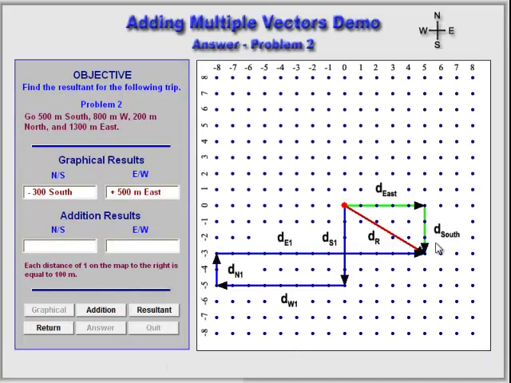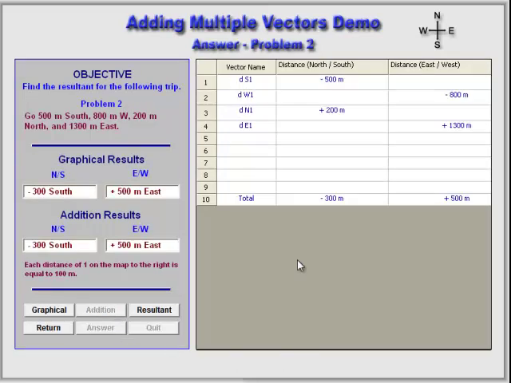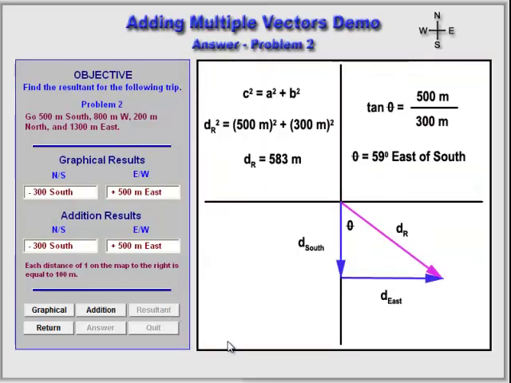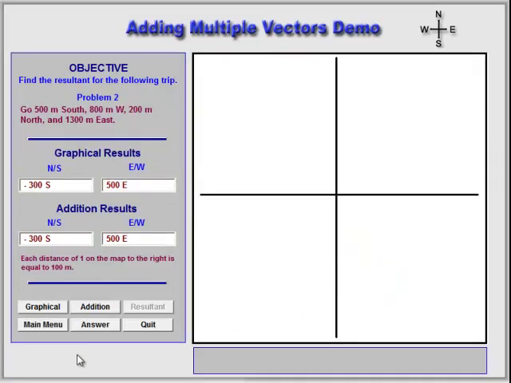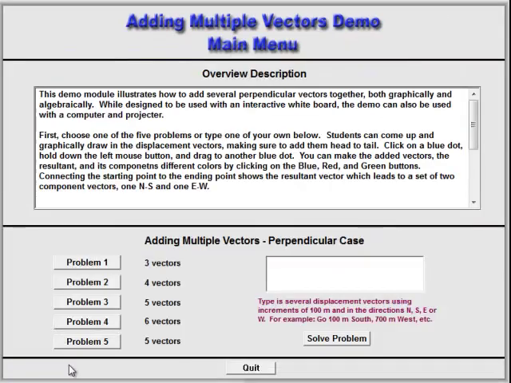You can see here are the values drawn in and labeled. Here is the addition in the table. So this is not what we did. This is just showing the final answers, and then this is what the final resultant would be. And then you can go back and start to work on a different problem.